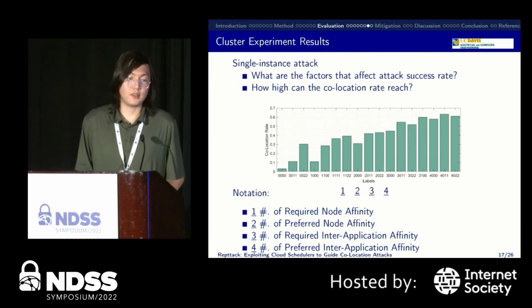We can see that the trend is similar to our previous result, and with affinity features used extensively, the collocation rate can be really high and can reach around 70%.